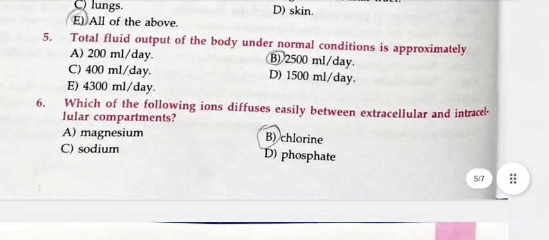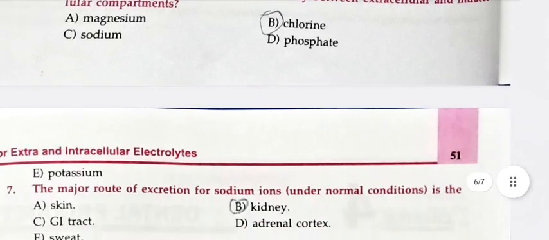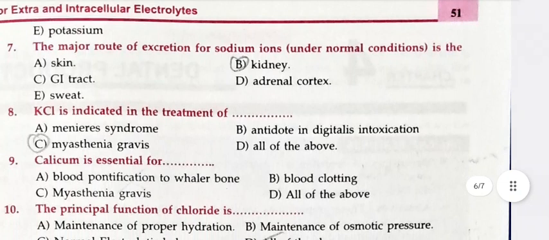So which of the following ions diffuses easily between extracellular and intracellular compartments? Chlorine. Chlorine diffuses between intra and extracellular compartments. So the major route of excretion for sodium ions: sodium is excreted through the kidney.